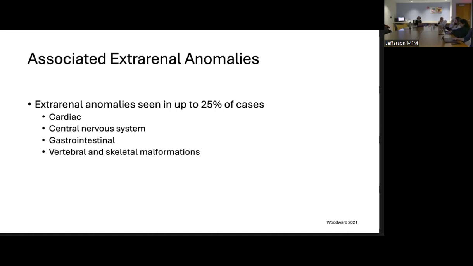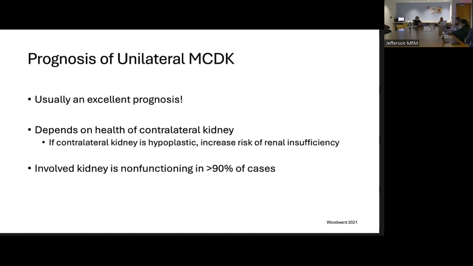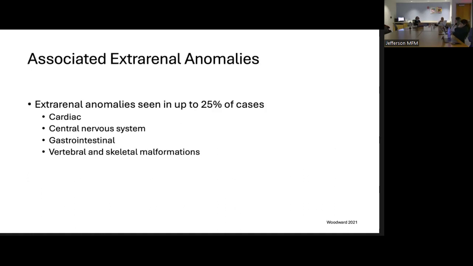So you're obviously always looking, when you see one thing, for anything else that may appear abnormal. So if CHOP ordered an MRI, which one of these do you think would be a good thing to look at by MRI? Maybe more so by ultrasound. Typically, honestly, I don't order an MRI for an isolated multicystic dysplastic kidney because we can do an echo and look extensively at the heart.